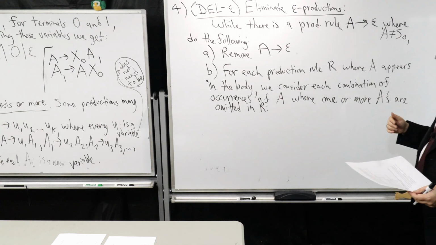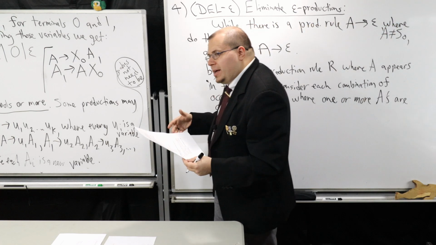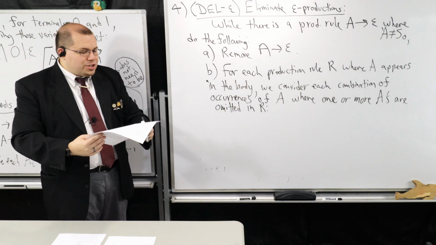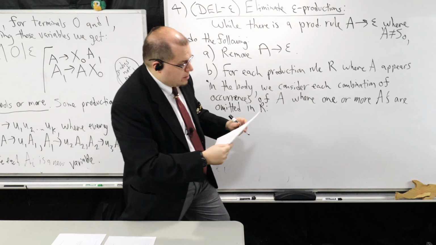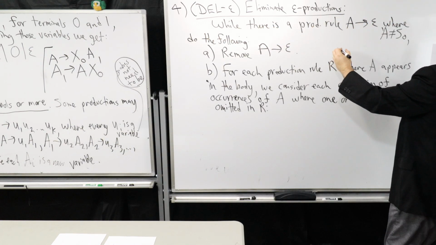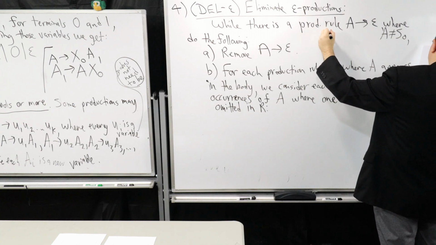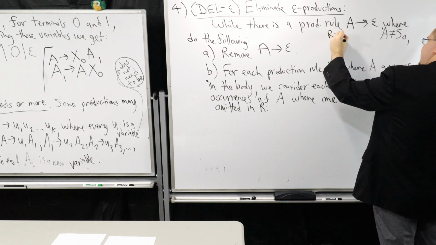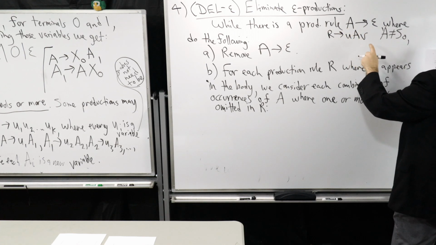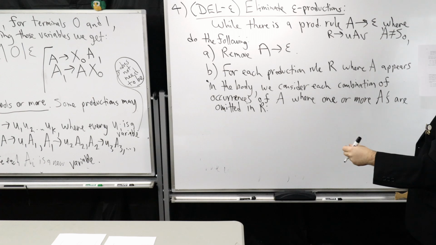So we're not going to run into this issue so much because of the way the Chomsky normal form is coming about so far in our process, but I just want to make sure I give you just a general flavor for what I mean. So for example, suppose, this is just an aside, suppose R is, say, U A V, where U and V were substrings of terminals or variables.